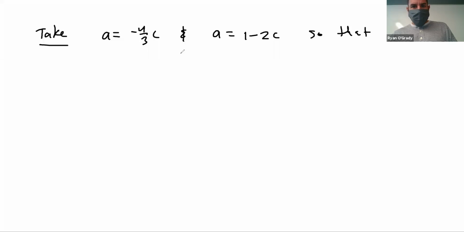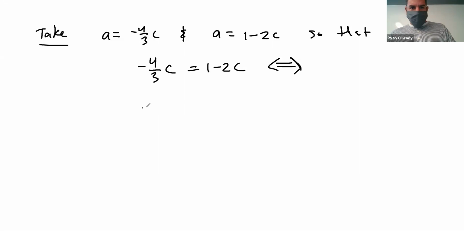Well, replace one of them with the other one. So what this leads to is I have 4/3 C must be 1 minus 2C, which is now a one variable algebra problem.